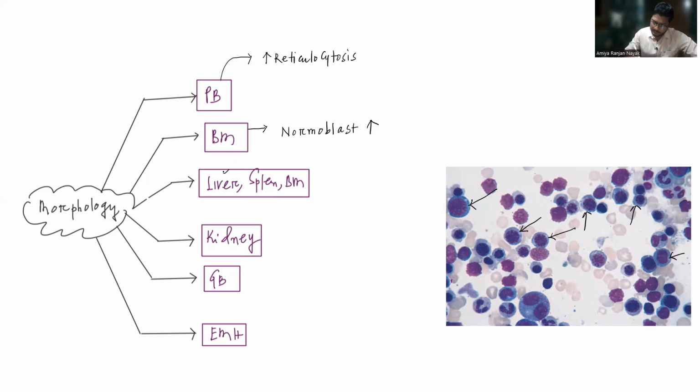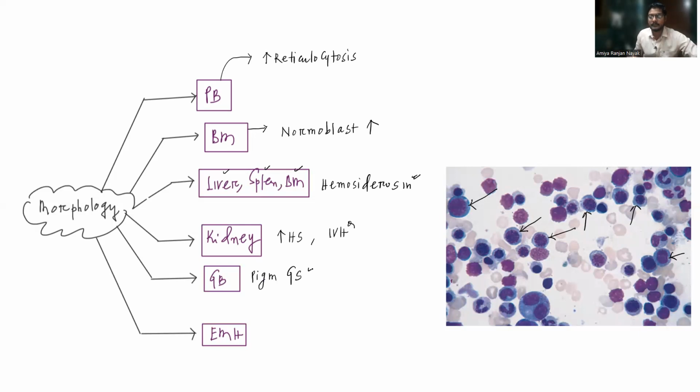What are you going to get in liver, spleen, and bone marrow? In all these places there will be destruction of the RBCs, so you will get hemosiderosis. That is, the iron will get deposited in all these places as hemosiderin. In the kidney also, as I told you, there will be increased hemosiderin, but it is usually found in intravascular hemolysis cases, not in extravascular hemolysis. In the gallbladder, I told you that you will get pigment gallstones.